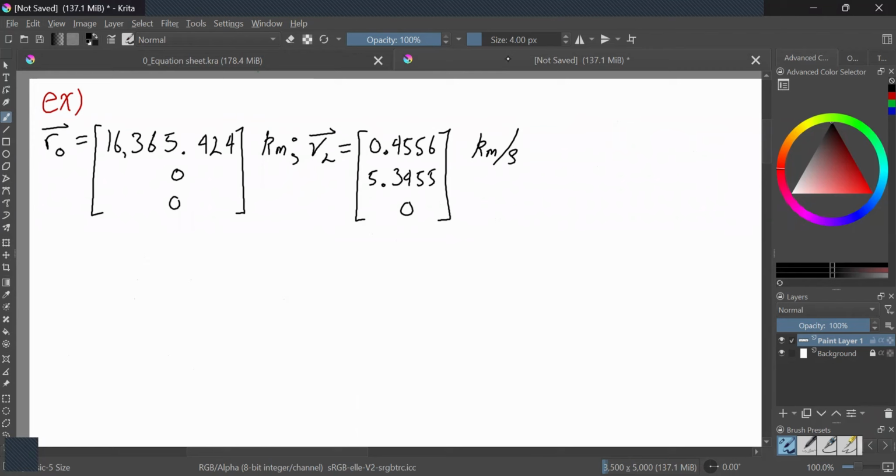And to do this, I have taken the liberty of writing down some initial conditions. Well, at least what are supposed to be initial conditions for our system. These are largely the same as what we've dealt with in the past, except that these are in an Earth-centered inertial reference frame.